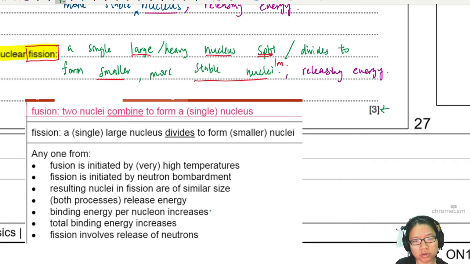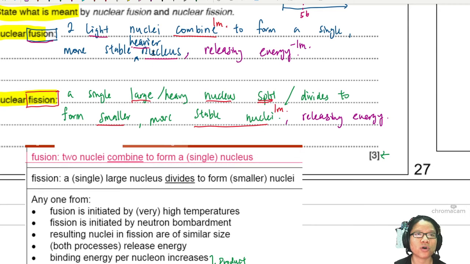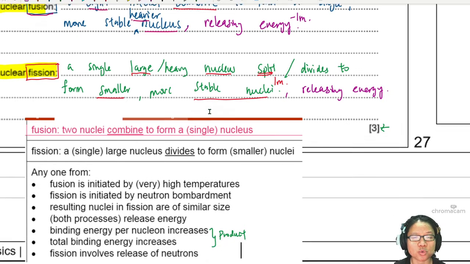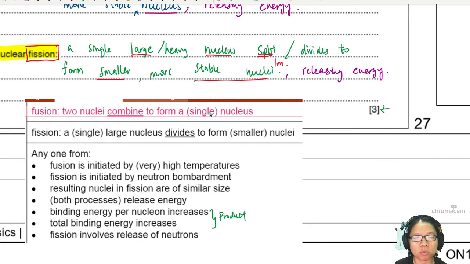Whether the product is smaller nuclei or a stable heavier nucleus, they will both have total binding energy or binding energy per nucleon increasing. So the product is more stable for both fission and fusion.